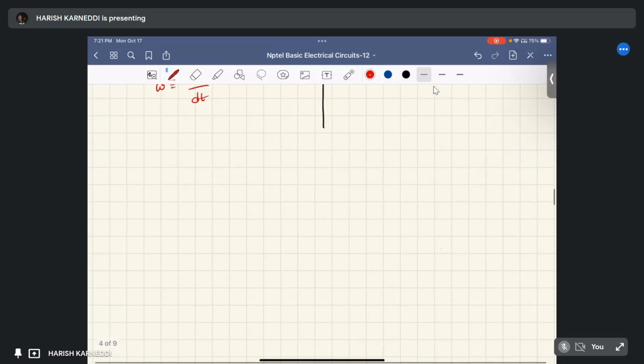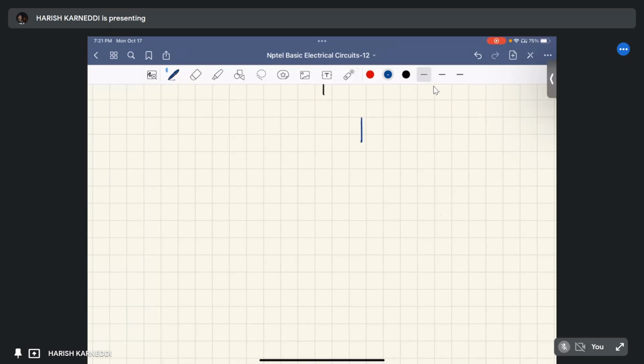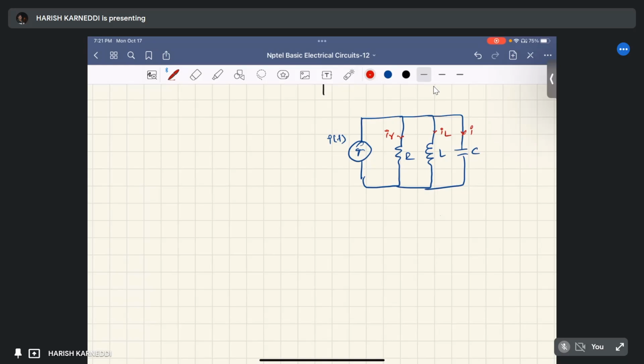If you consider a parallel RLC network, with resistance R, inductance and capacitance. Here it is I of t, and here it is IR, IL, and this is IC.